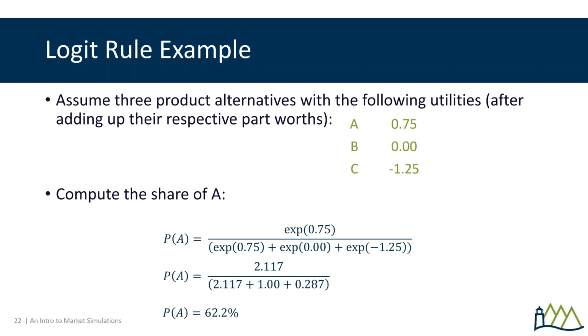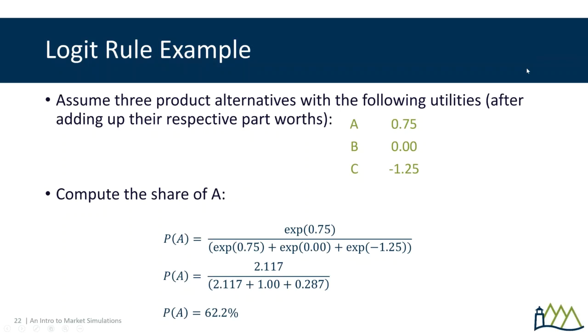As we remember about utilities, that doesn't necessarily mean C is not a good option, but we want to translate this into something that can be easily understood. To compute the share of product A, we take the exponentiation of 0.75 and divide it by the exponentiation of all the utilities. That boils down to the probability of choice for product A being 62.2%.